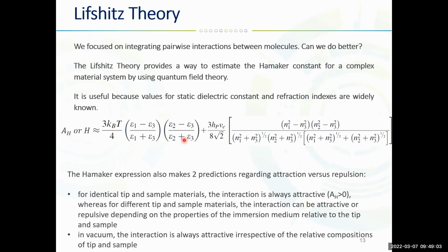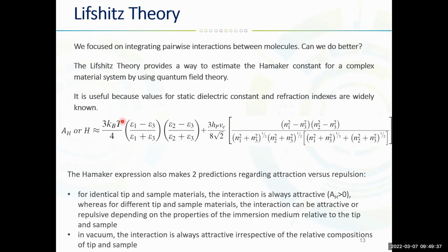For example, you can calculate this interaction between tip and sample inside a liquid. The liquid here will be the immersion medium. These frequency dependent fluctuations include not only electronic displacement within the neutral atom, but also mobile electrons in metals and ions in the solution, and also take into account the vibration or rotation of different dipoles in media and so on.